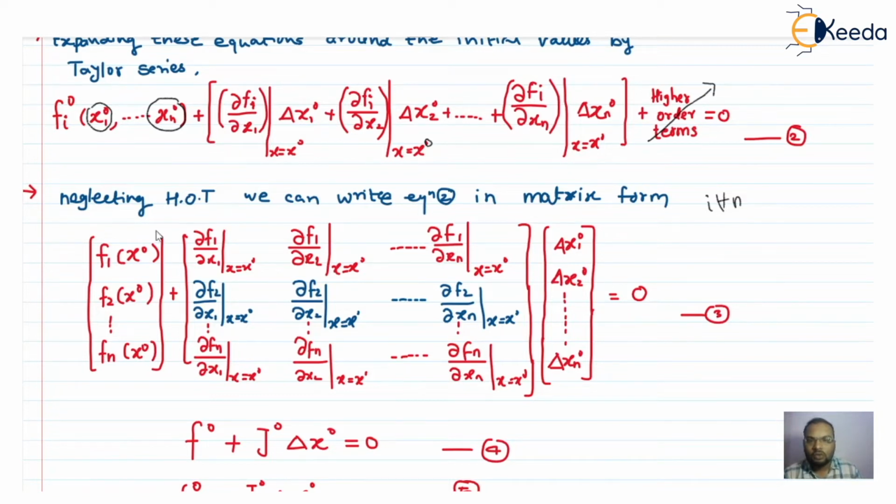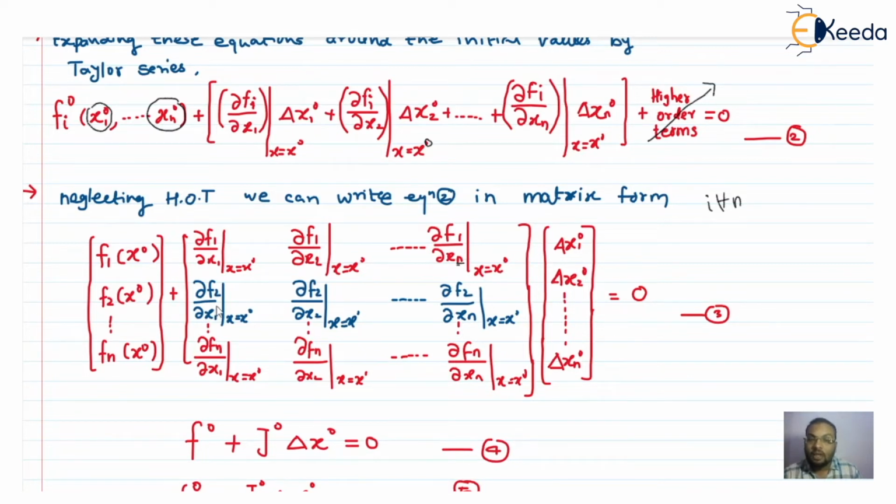So this way, f_1 divided by differentiation of this first function with respect to x1, differentiation of the first function with respect to x2, and so on up to differentiation of the first function with respect to xn. Of course, these are at the initial assumed values.